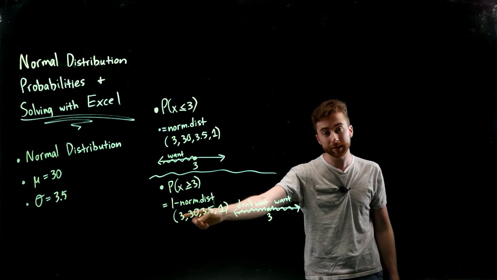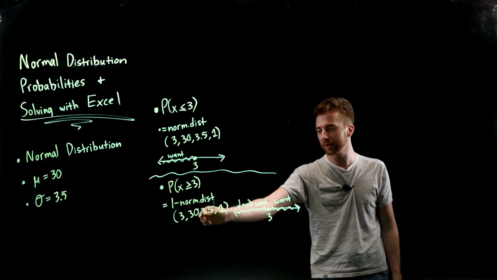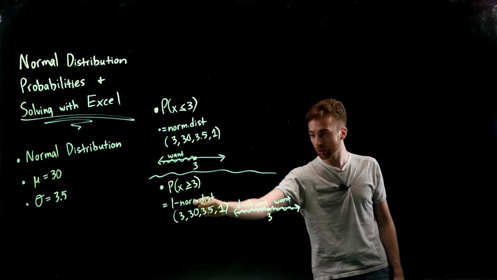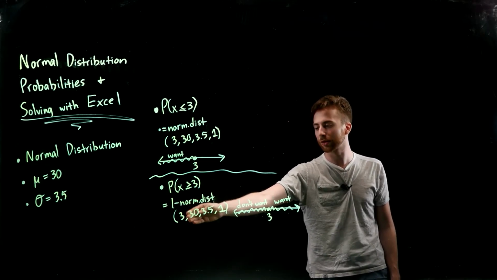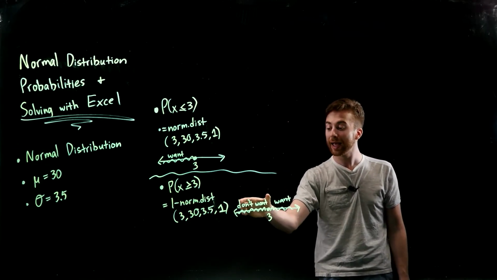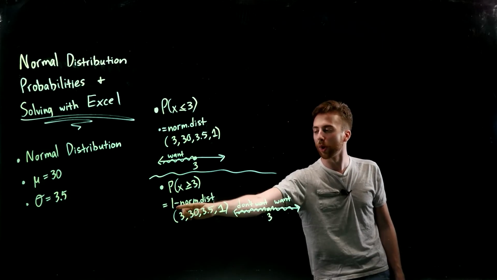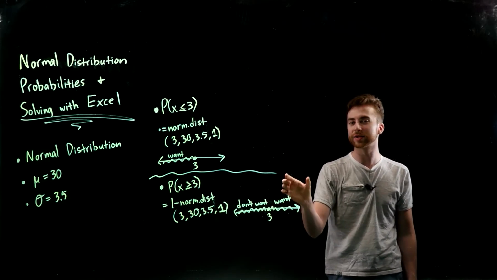So if we simply put in 3 as our reference point, given this norm.dist formula, if we didn't have the 1 minus, it'd be norm.dist 3, 30, 3.51. That would give us what we don't want. So 1 minus what we don't want gives us what we do want.